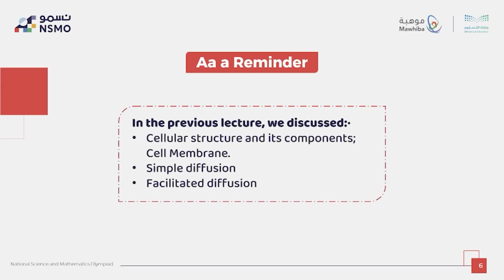Before starting, let's recall what we learned previously. We studied cell structure, components, the cell membrane, simple diffusion, and facilitated diffusion. These concepts are essential for understanding today's lecture, so don't forget them.